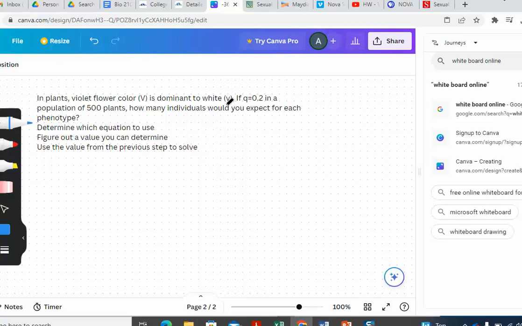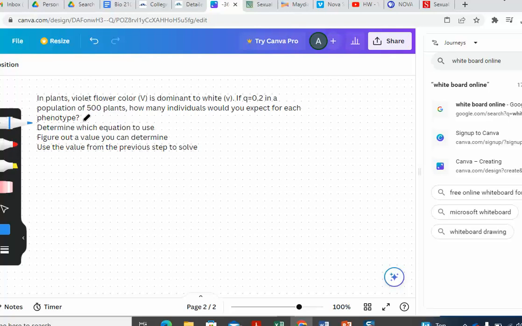So to be white colored, they would have to have two copies of the recessive allele. If q equals 0.2, and remember that q is the frequency of the recessive allele, in a population of 500 plants, how many individuals would you expect for each phenotype?